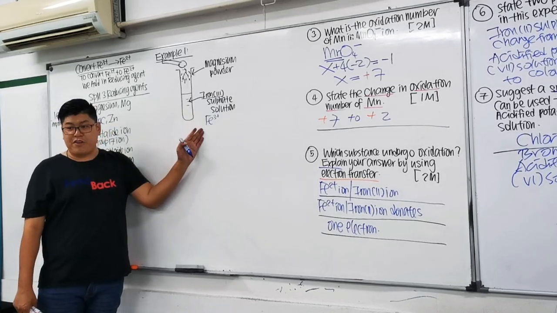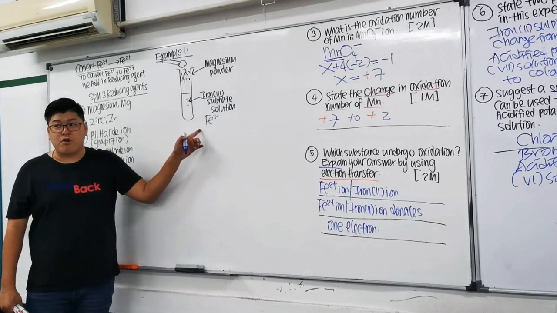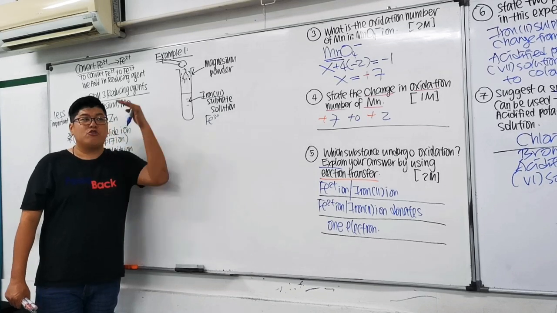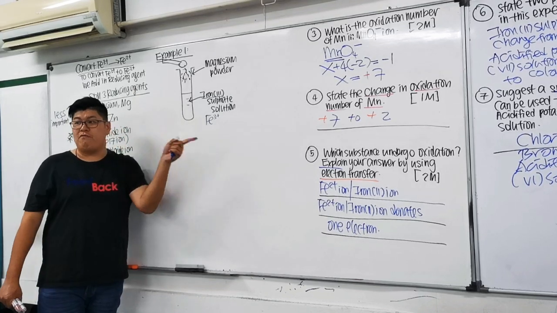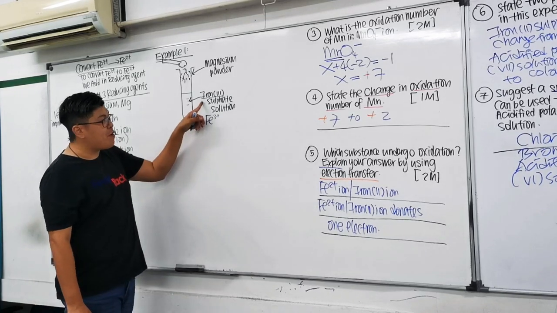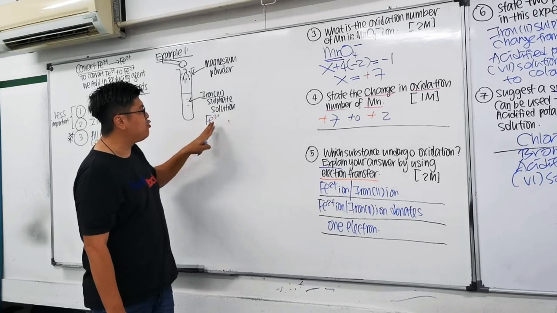If they give me Fe2+, you make it become Fe3+. Now they gave me Fe3+, I make it become Fe2+. Remember, 2+ and 3+ can be interconverted. So they gave me Fe3+ because of the iron 3, and I automatically make it become Fe2+.